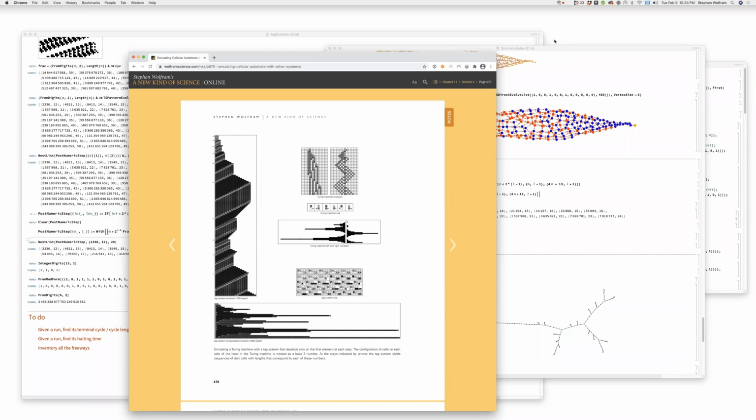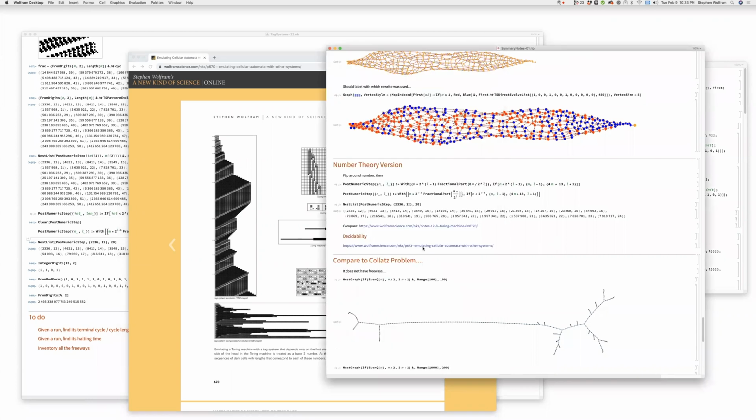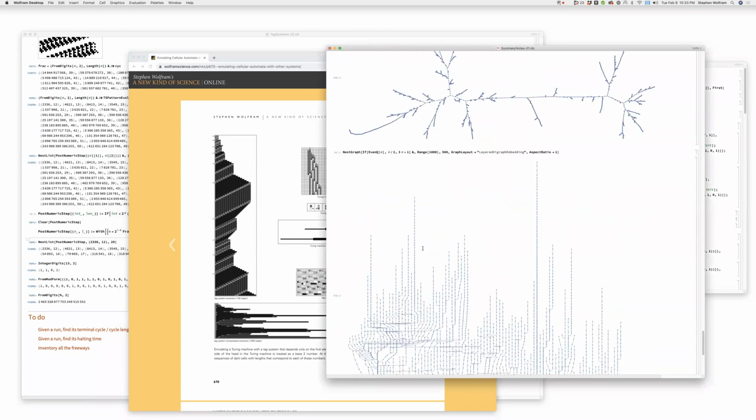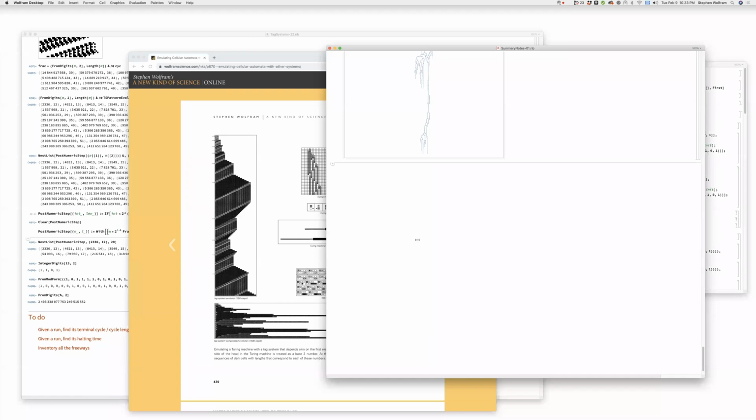An interesting thing is, actually, I want to consider another case, the transfinite case. Imagine there's an infinite tape, and imagine that one goes an infinite number of steps.